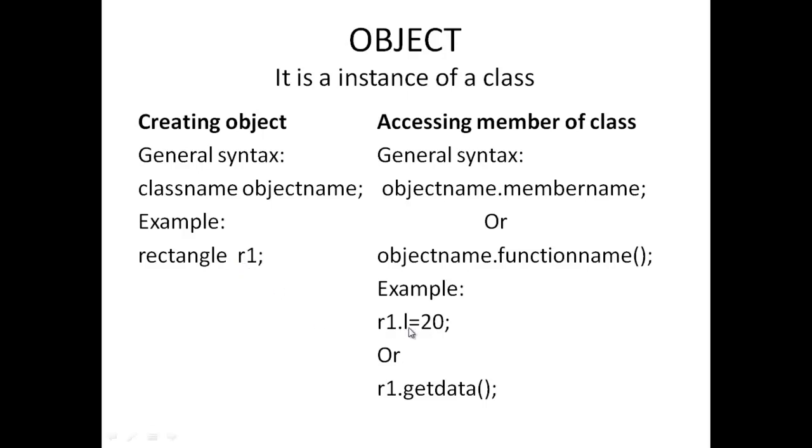Then when we call the object with the data member and put some values, those values are assigned to the data member of the class. That means we send a message to the class through the object. So this code simply explains message passing.